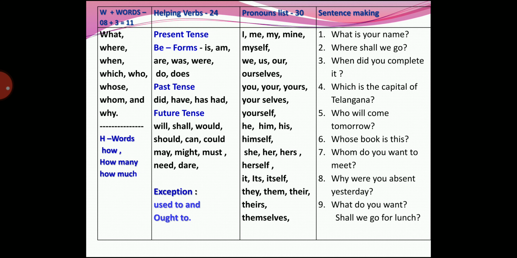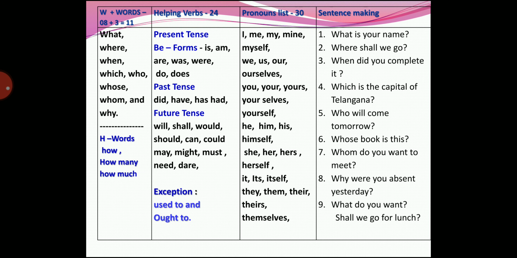In such a way, everyone should make up your part. Make up, wake up, and keep up your part very seriously. As I have shown in the table, you are supposed to create sentences by using all these ideas.